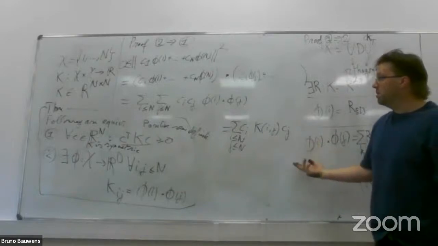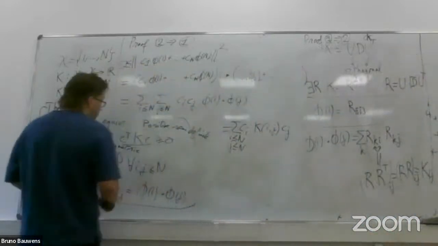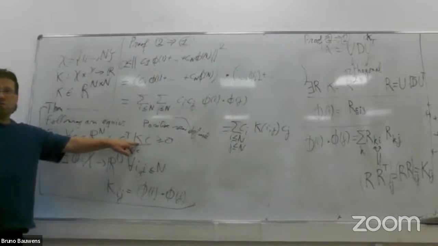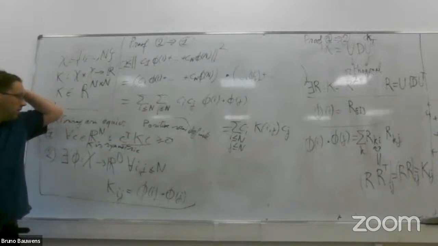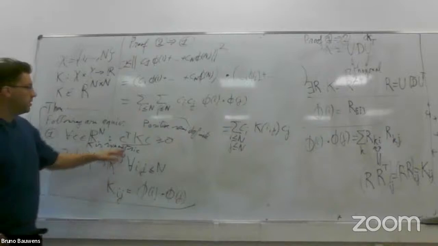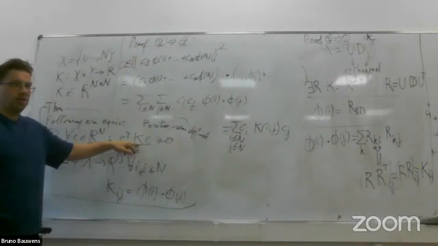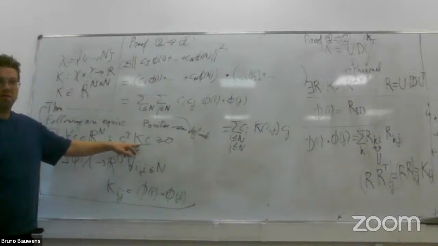So this is an easy condition to check. But it's also important, for example, that when we add two kernels, we again get a kernel, because this condition remains true. The product is non-trivial to prove, but later we will prove it, and then the exponent also preserves kernels.